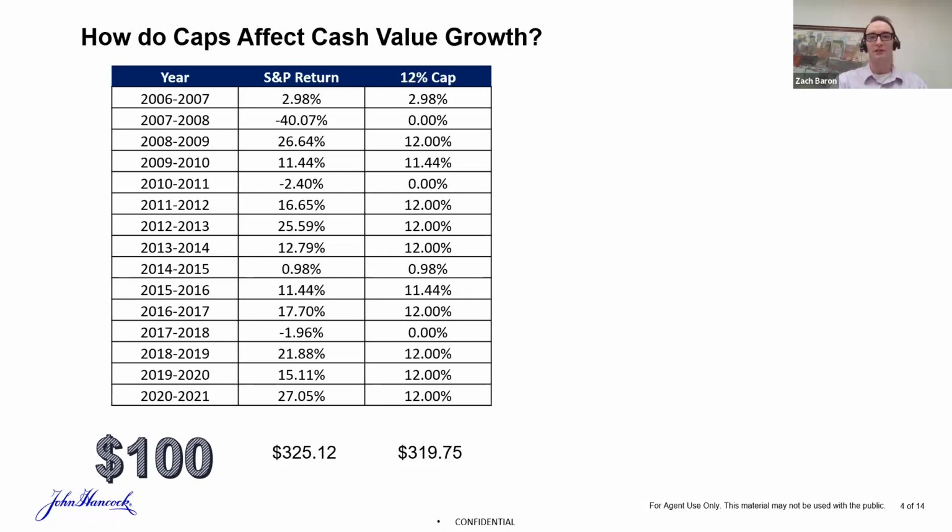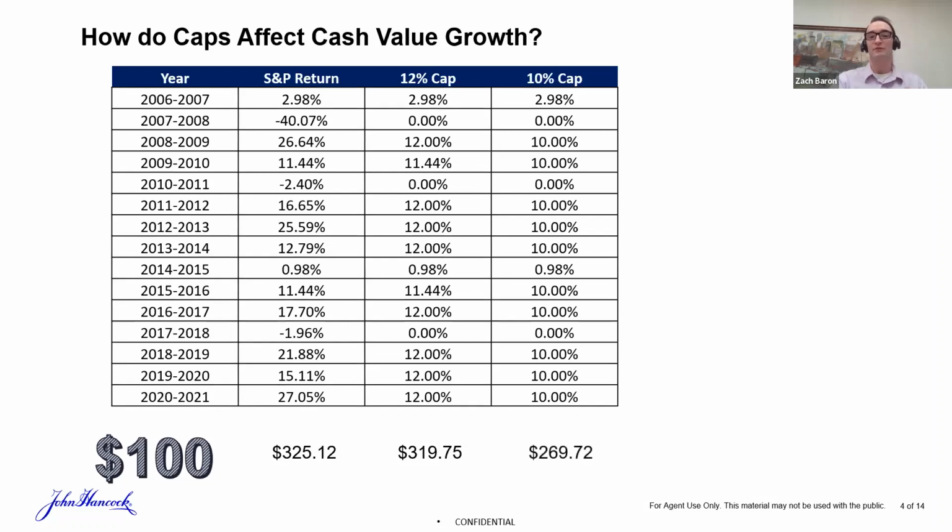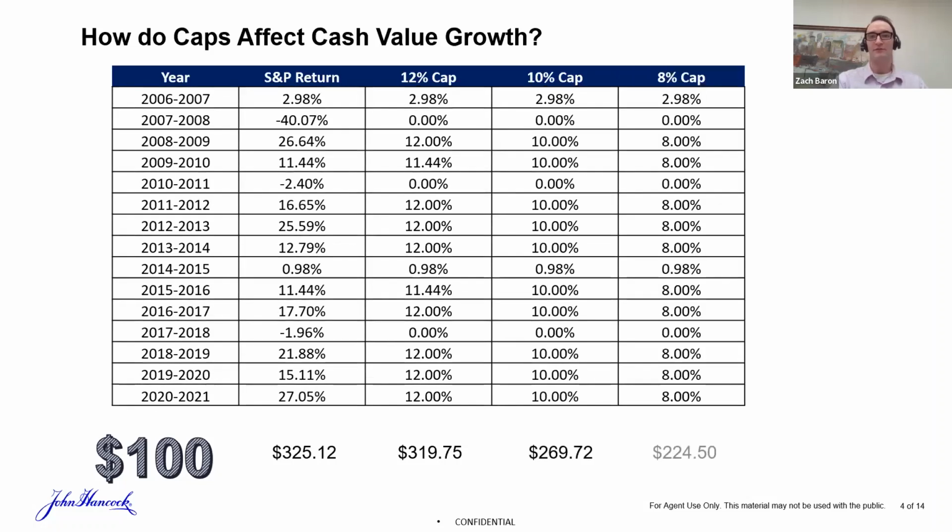We've seen options costs go up, which is the cost for the hedging. What that's led to is falling caps. So now, if it fell to 10%, if it fell to 8%, 8% isn't that uncommon now in the market, in that 8%, 9% range. And the IUL value proposition has taken a big hit.